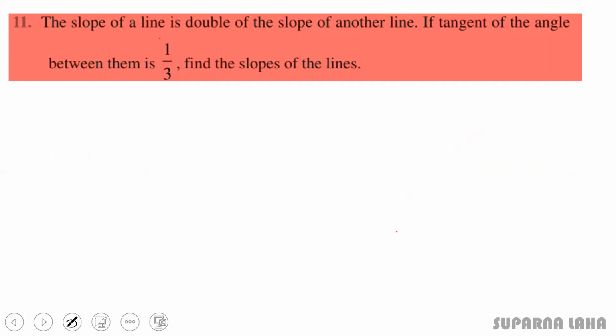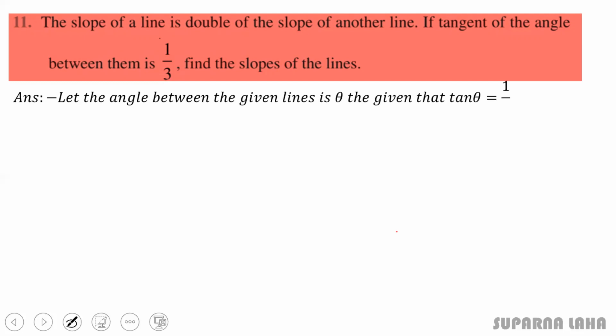The slope of one line is double the slope of another line. If the tangent of the angle between them is 1/3, find the slopes of the lines. Firstly, if the angle between the given lines is theta, then tan theta is given as 1/3.